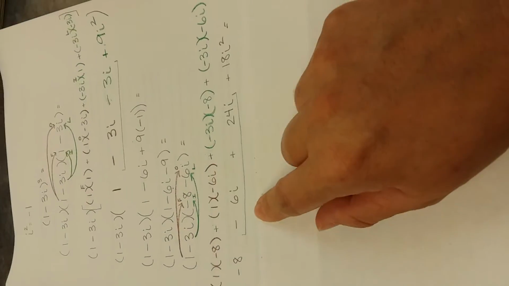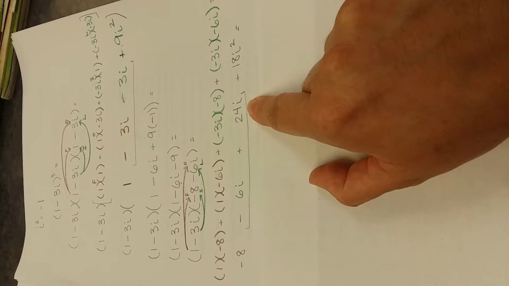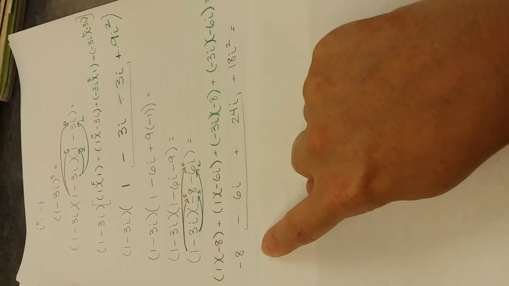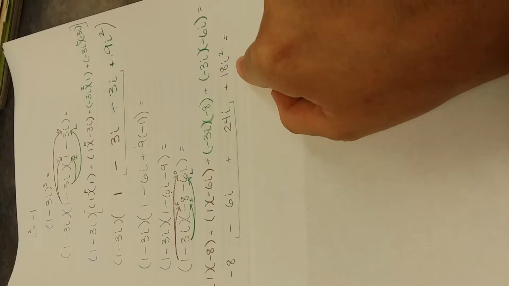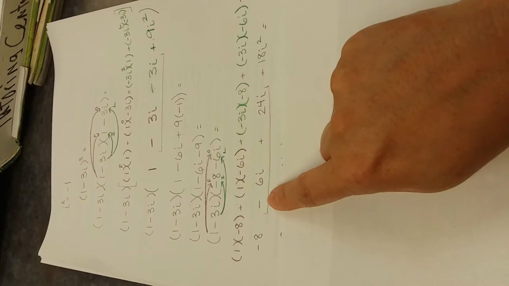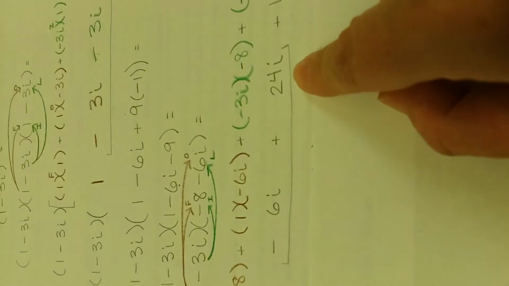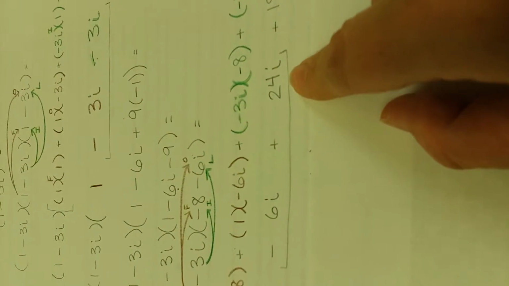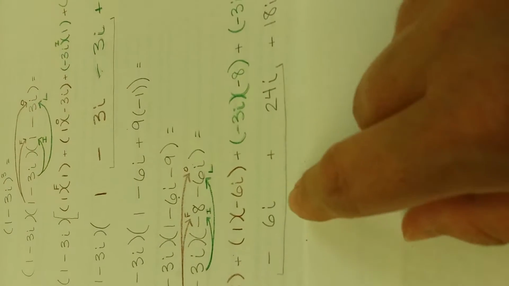So now I'm going to combine these two like terms. These both have an i with them, so that's why they're like. This doesn't have an i at all, so it's not like anything else. And this has an i squared, so it's not like anything else. So negative 6i plus 24i is a positive 18i.